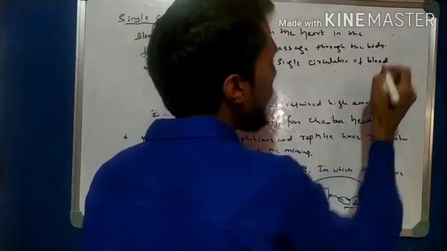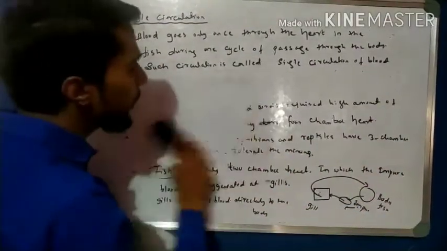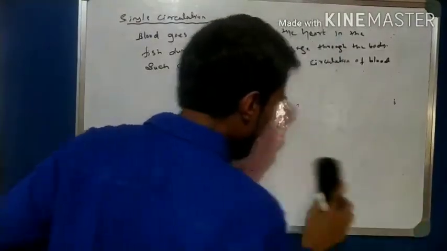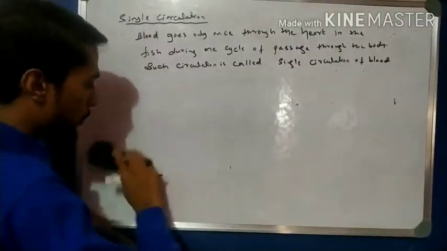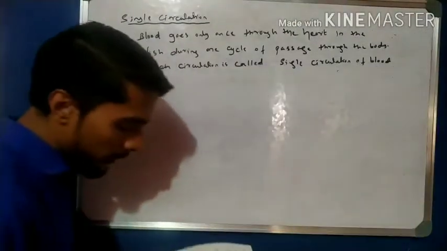Okay. Now come to the double circulation. Finish these points, right? So come to the next one, that is double circulation. That takes place in the mammals and birds. Double circulation, write down here.